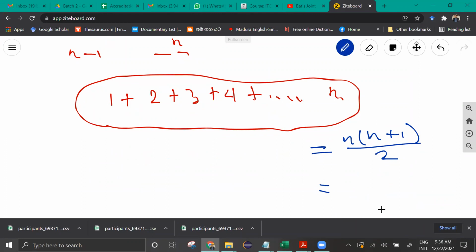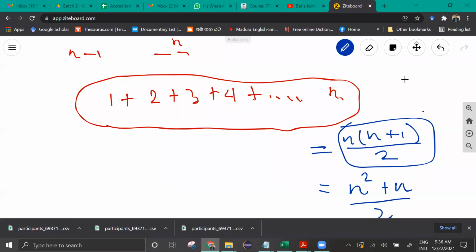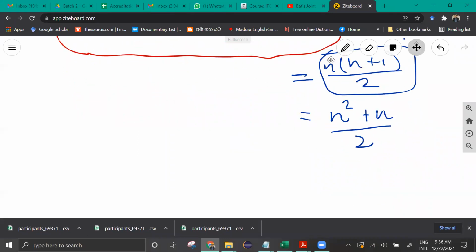If you analyze that value, it would be something like n squared plus n, divided by 2. So then it is something like n squared divided by 2 plus n divided by 2.